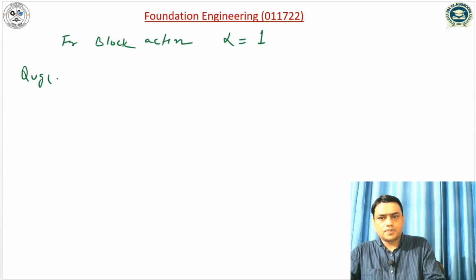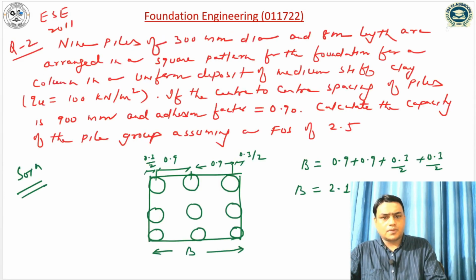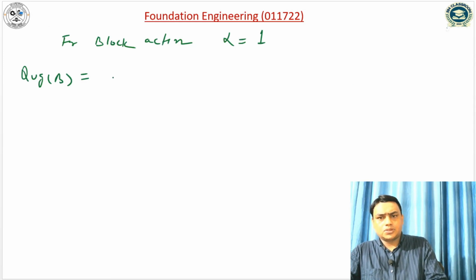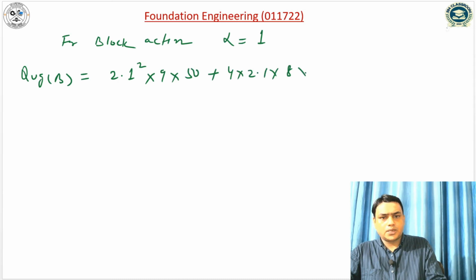So Q_UG block is equal to, B is equal to 2.1, so 2.1 whole square into 9 into 50 plus 4 into 2.1 into 8 into alpha 1 into 50. So the value will be 2.1 whole square into 450 plus 4 into 2.1 into 400.